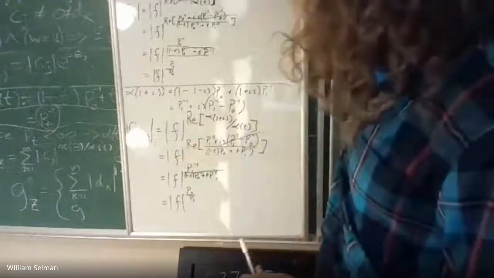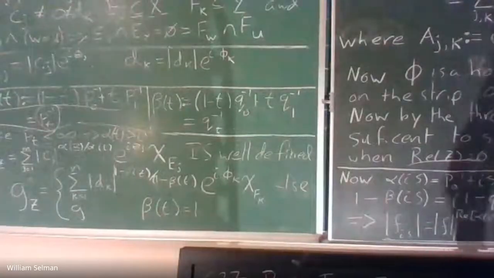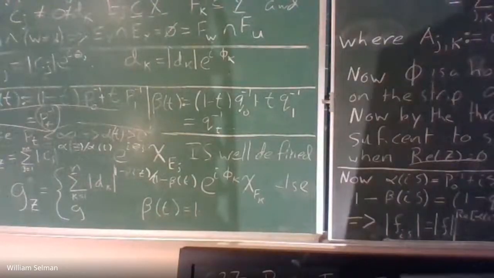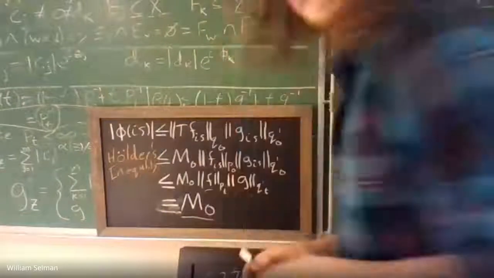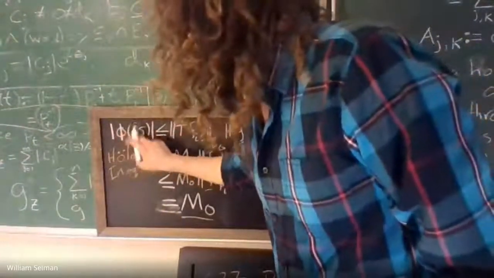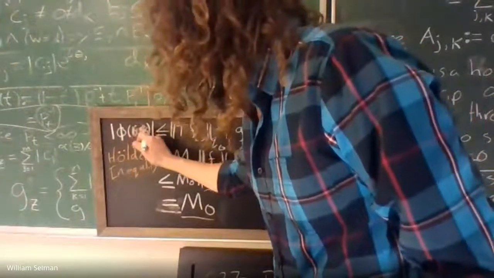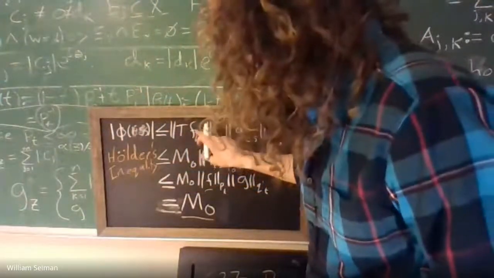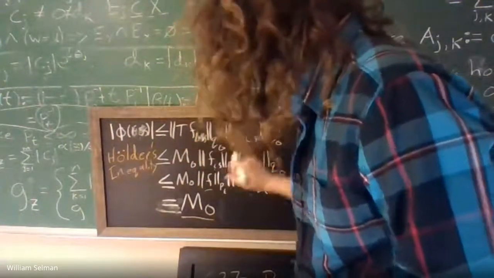So we get to use the same algebra, and again, it's the same thing for g with Q prime 1. We simply replace. Here we have f of 1 plus is, g of 1 plus is.